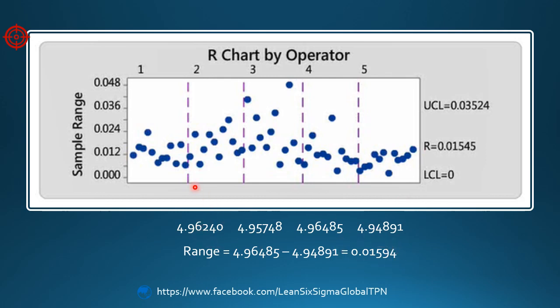This is the second point on the R chart, and we continue this process for the rest of the boards and again for the rest of the operators. Because there are 5 operators and 12 boards, a total of 60 points is shown here.